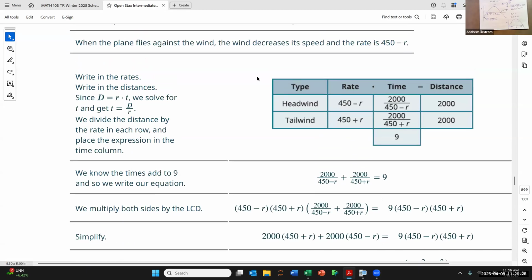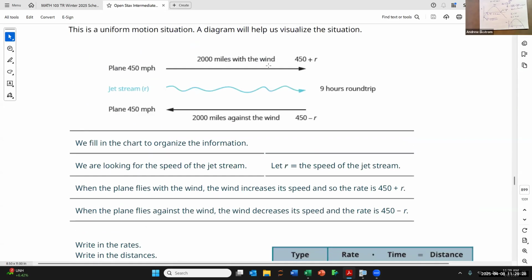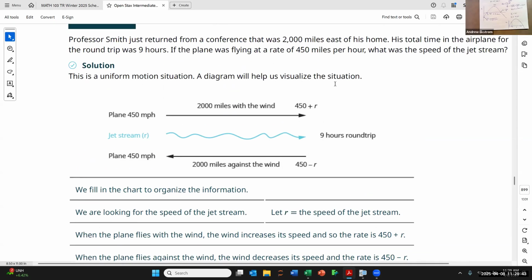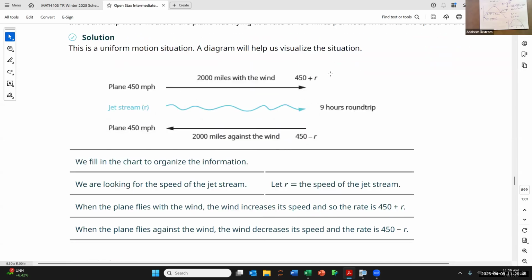The rate here, according to what they're saying, is 450 miles an hour plus the jet stream, and then going back 450 miles an hour minus the jet stream. And you're also told that the distance is 2,000 miles.